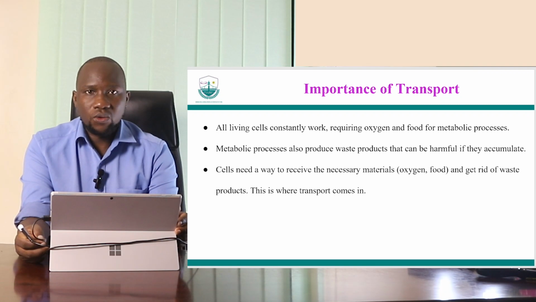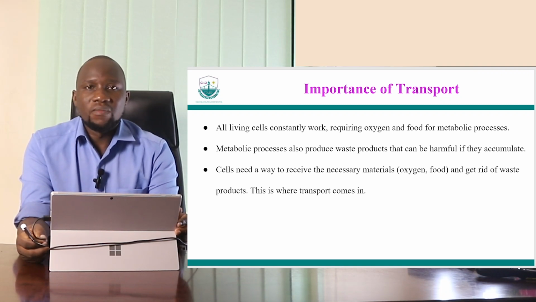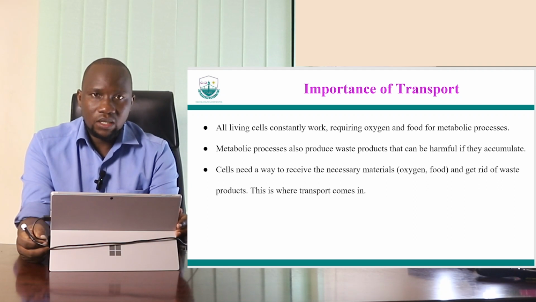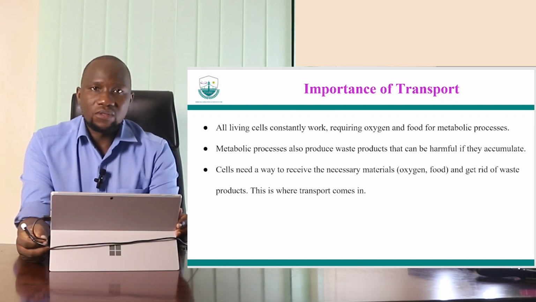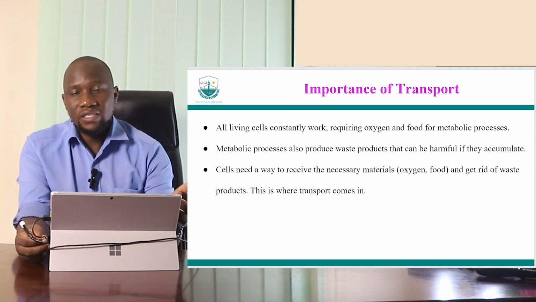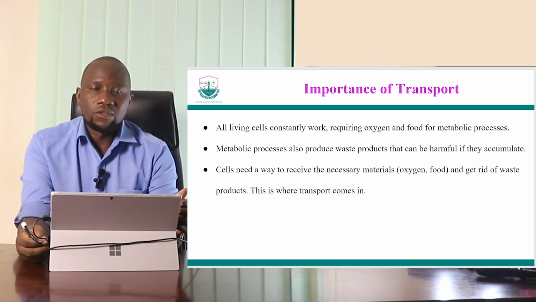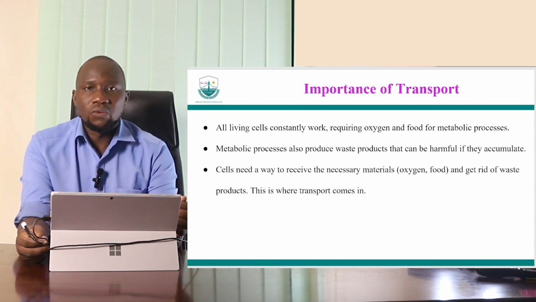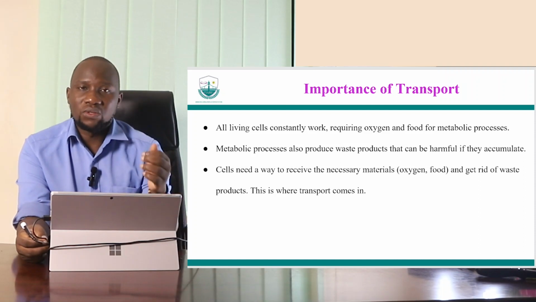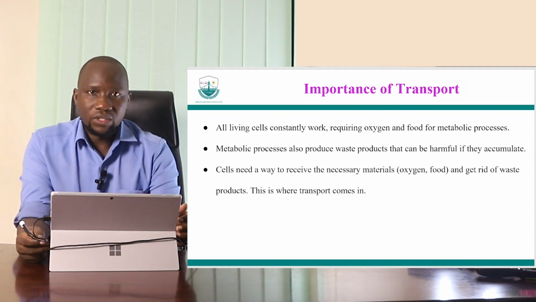Okay, we also hinted on the fact that during metabolic processes, organisms generally release waste products. Urea, for example, is a waste product. Carbon dioxide, for example, is also a waste product of metabolic processes.